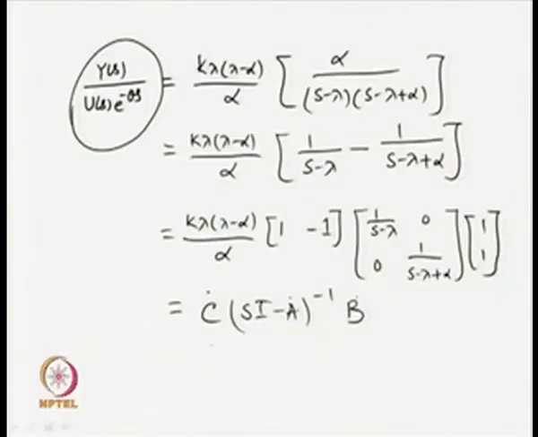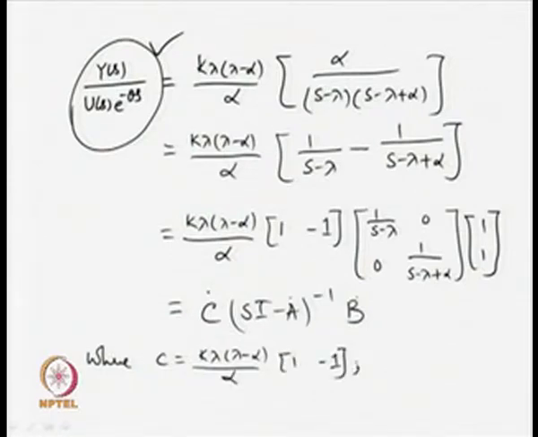In that case, upon comparison we get that the same transfer function model can be obtained using the constants C, A and B, where C is equal to k lambda minus alpha upon alpha times [1 minus 1].